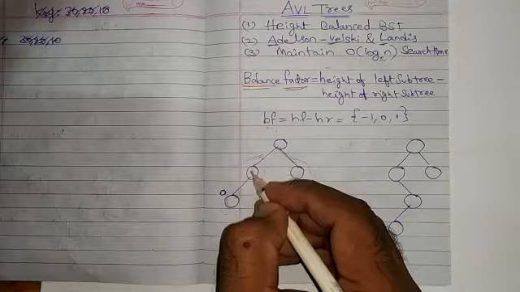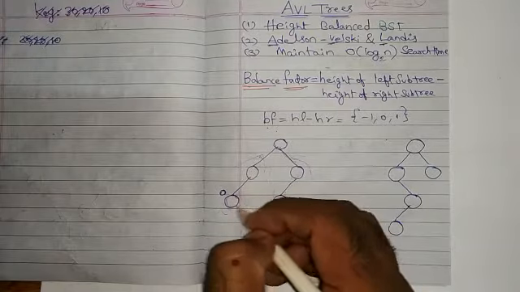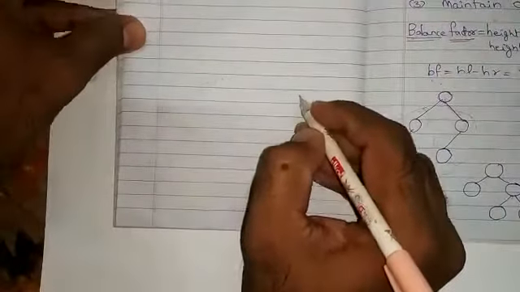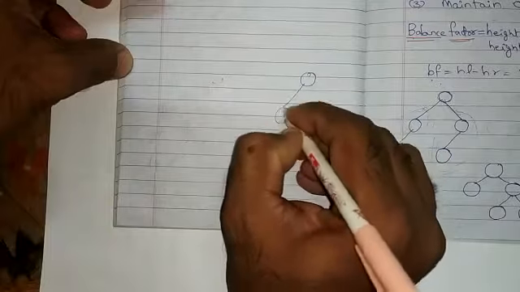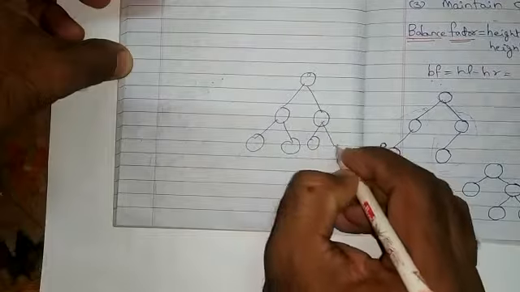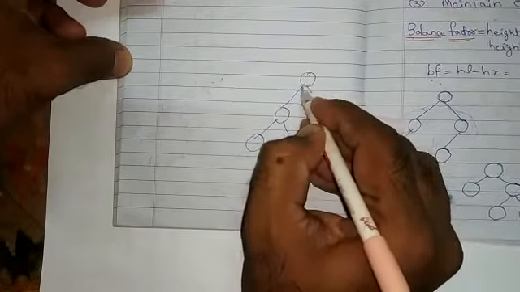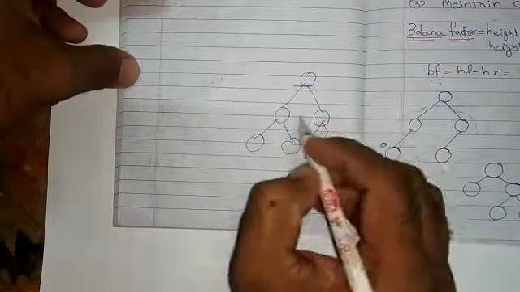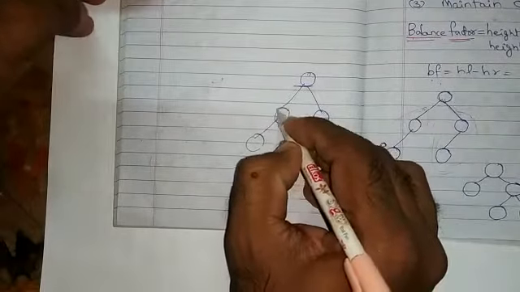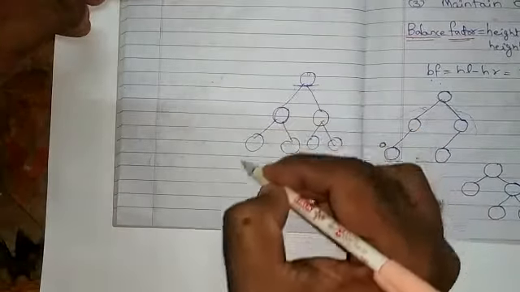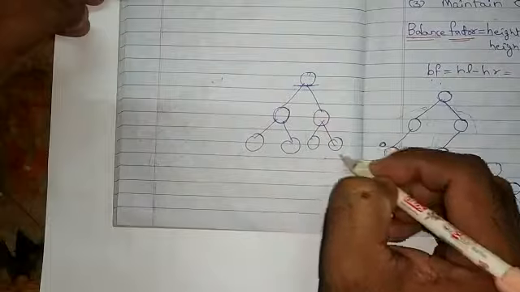For this one, left subtree height is 1. Height of the left subtree means levels. Students, I will explain how to find the height of trees. Now I want to find the height for this particular node. For this node, this is the left subtree, this is the right subtree.